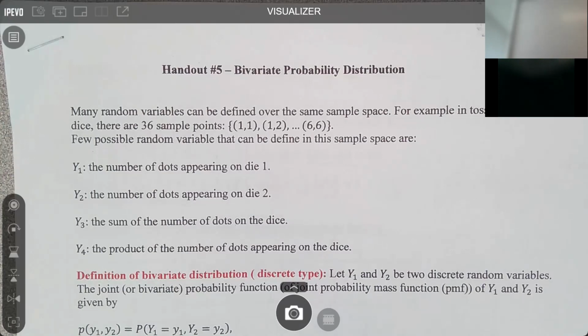Therefore, you cross multiply, gamma alpha equals the integral. That's how we get the gamma function.